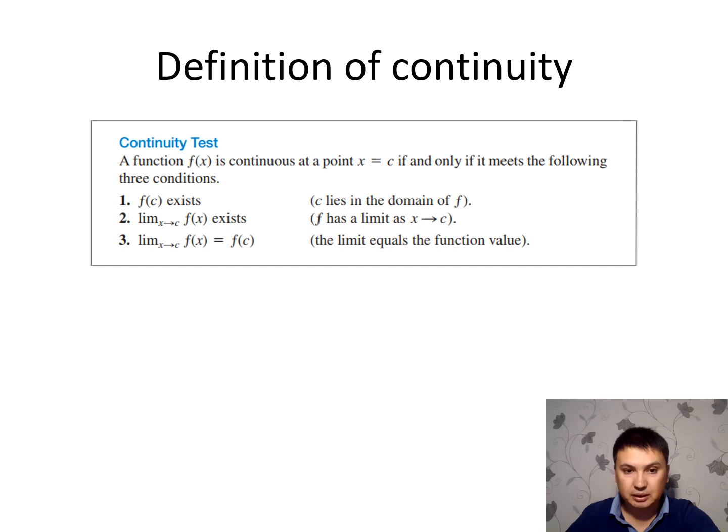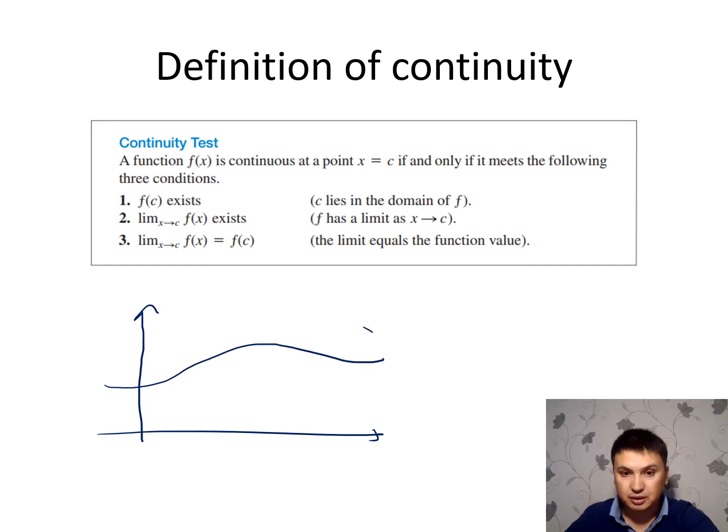So let me try to illustrate with the graph. So what happens is you have a function, some sort of a function, y is equal to f(x), and here is your c, and we need this to be continuous. So the first one says that it's defined, right?